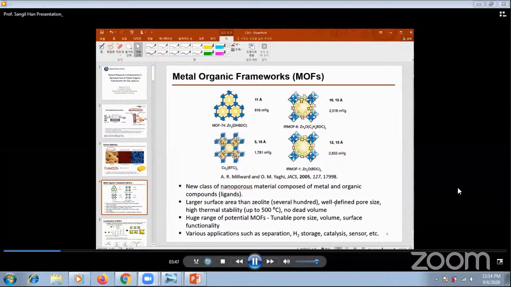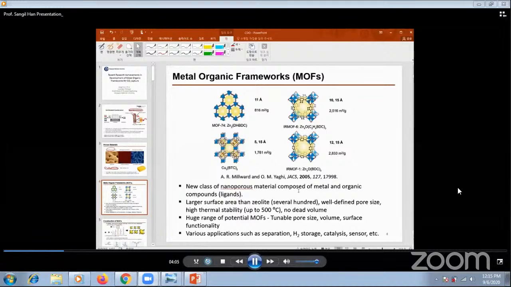I would like to talk a little bit about metal organic frameworks. The metal organic framework is composed of metal and organic linkers connected by coordination bonding.